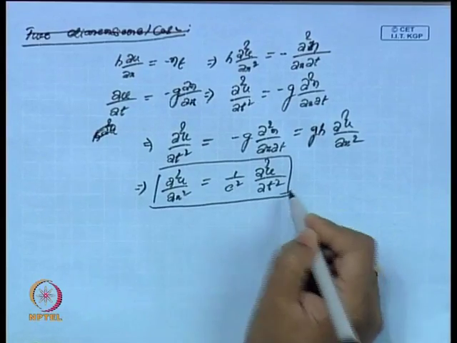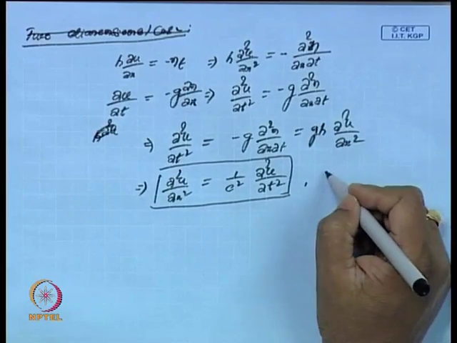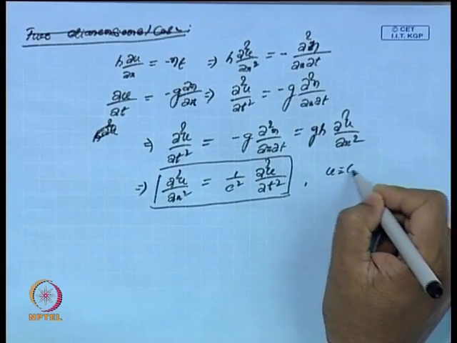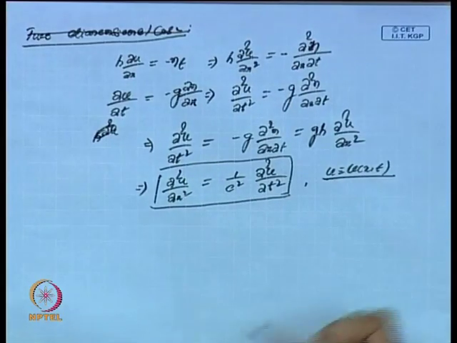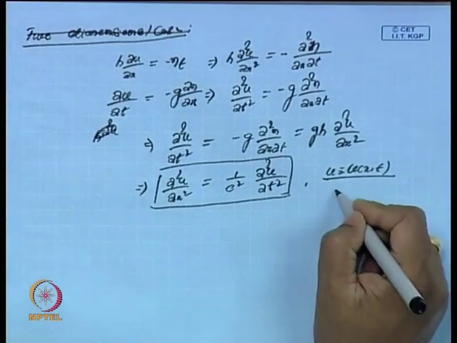So, again we are seeing here that in this case also, where u is a function of x and t, u also satisfies the wave equation, and here c is equal to root g h.